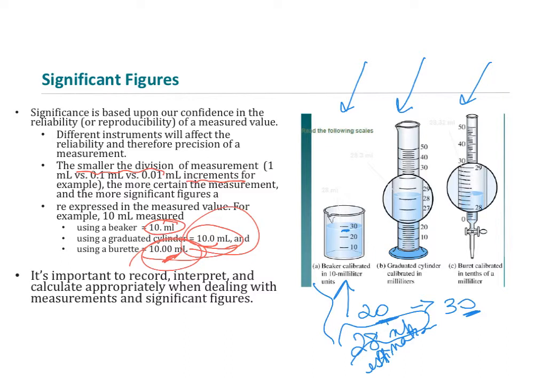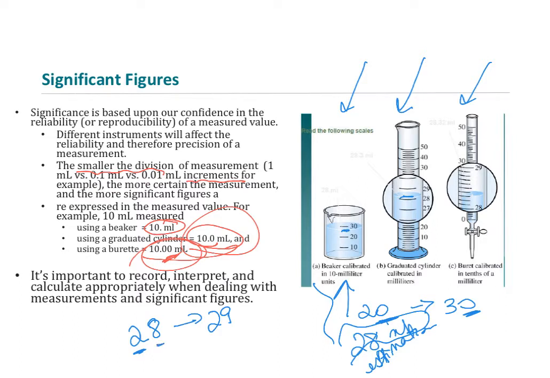All right, let's do it again. Let's do it for the graduated cylinder, and then I want you to try to do it on your own for the burette. So for the graduated cylinder, this volume here, what do we know for certain? We know for certain that it's in between 28 and 29, okay? So we know that the first digit is a 2.